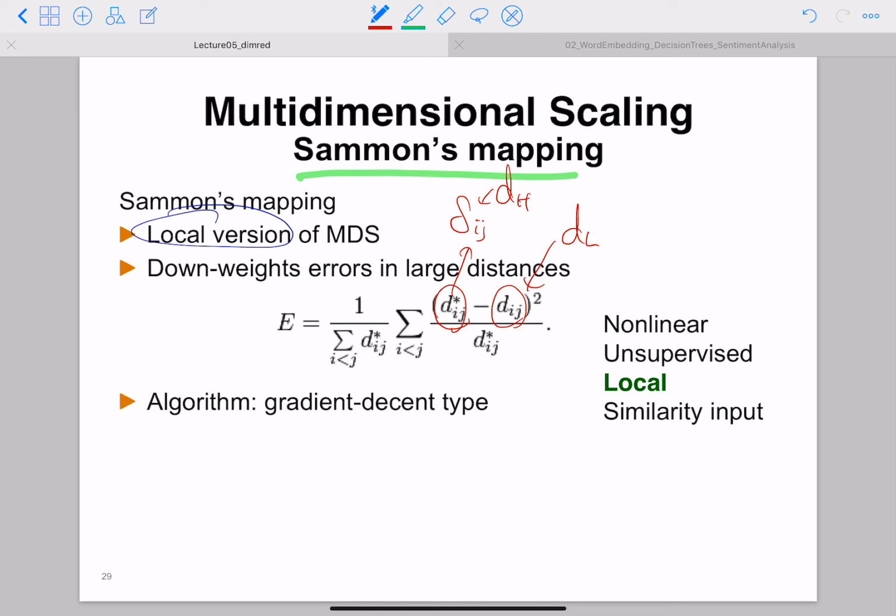Instead of just using the squared sum of the absolute difference of these two distance measures in the high and the low dimensional space, we normalize it by its original high dimensional distance. So it has the effect of focusing more on preserving the small distances originally.